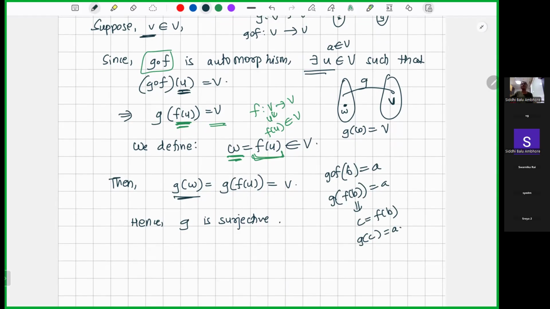Then I take F of that thing. This is again some element of V, and that gives me the pre-image for G.